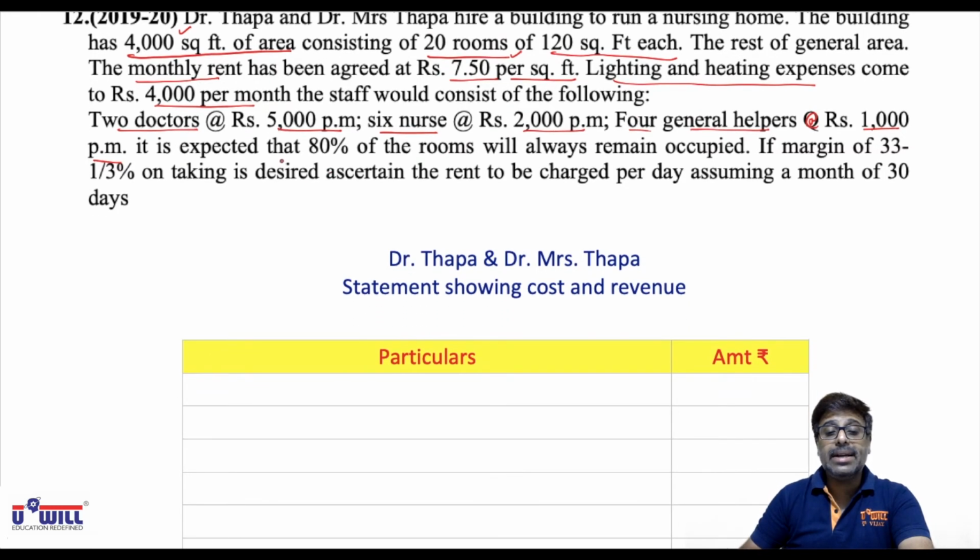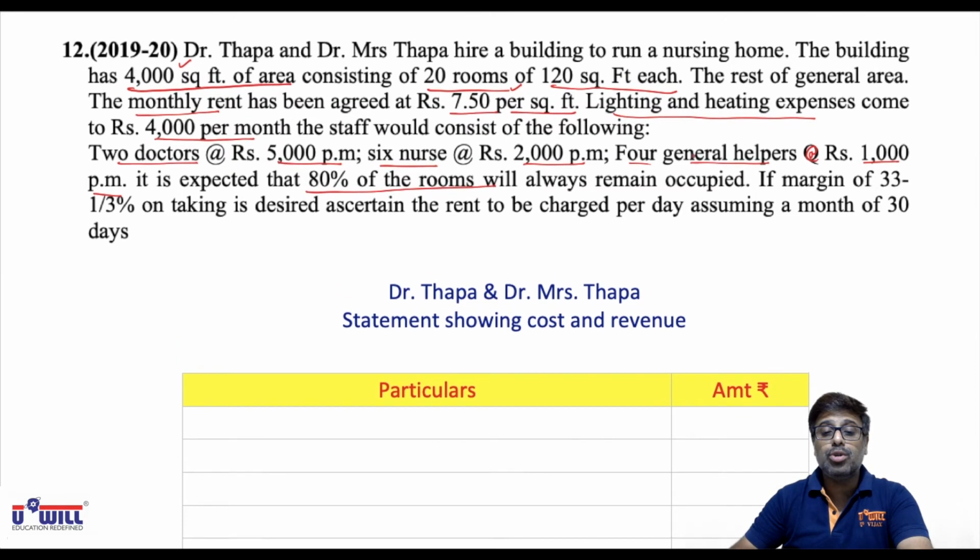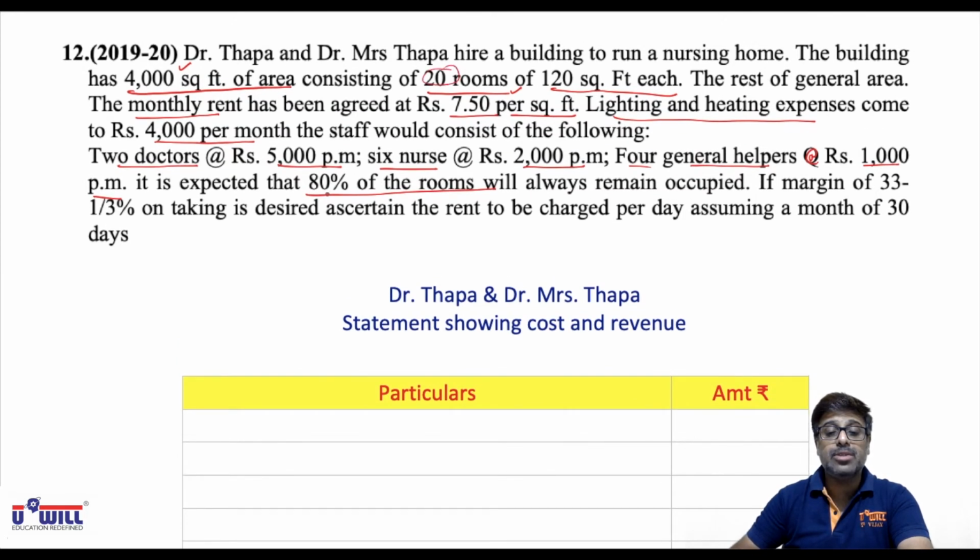It is expected that 80% of rooms will always remain occupied. So 20 is 80%, same as the previous question. 16 rooms will be occupied and we will be able to recover the money from 16 rooms only.